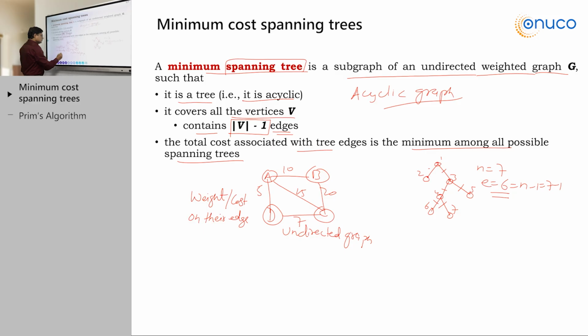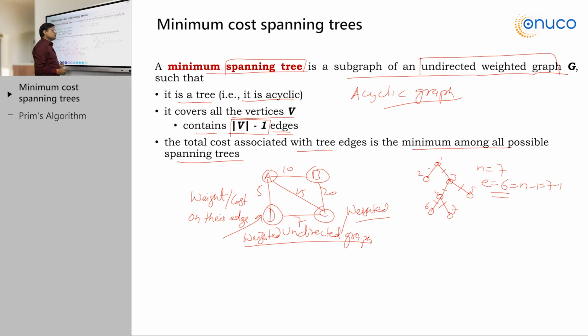Then this graph is called a weighted undirected graph or undirected weighted graph. When there is no direction on the edges but there is a weight, it is called an undirected weighted graph.